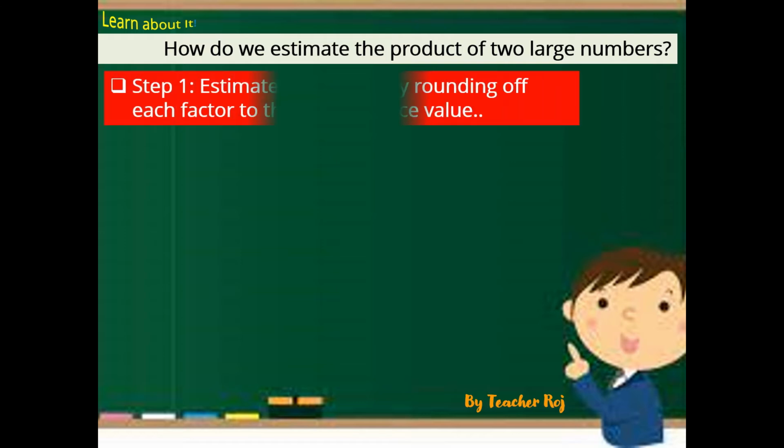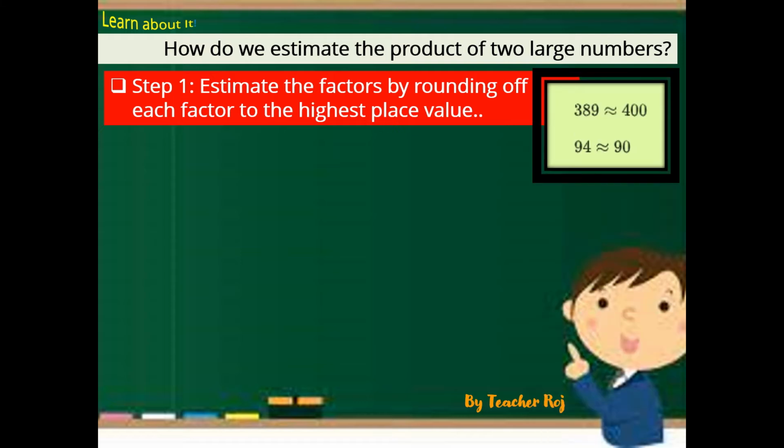So, ito yon. Number 1, estimate the factors by rounding off each factor to the highest place value. As you can see, the two large numbers in the situation are 389 and 94.